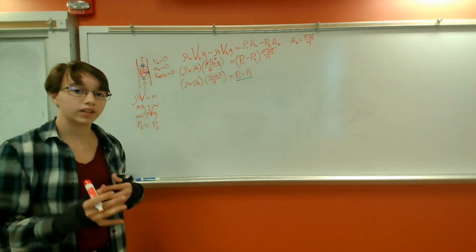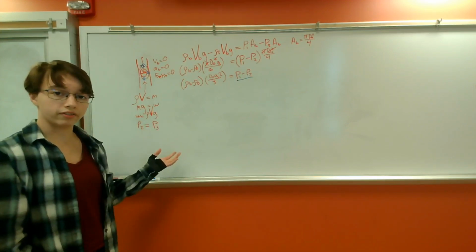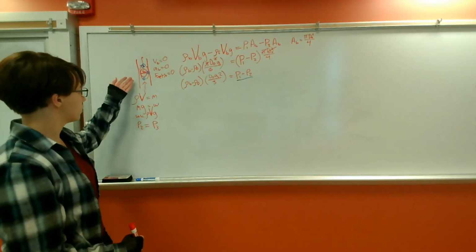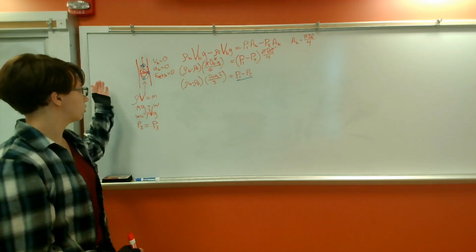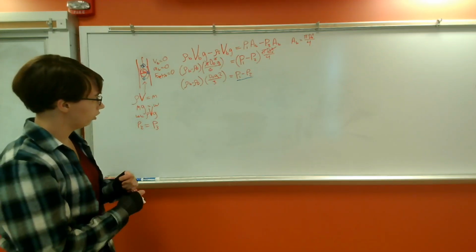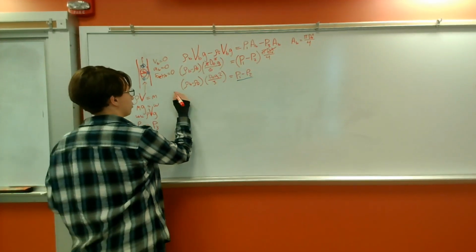So the next thing we can think about is Bernoulli's equation, because that is relevant to this situation, because we've got a fluid. All right, so we're going to look at Bernoulli's equation.